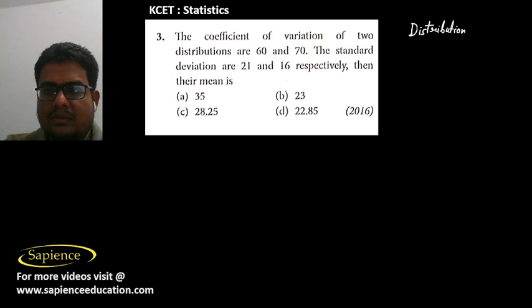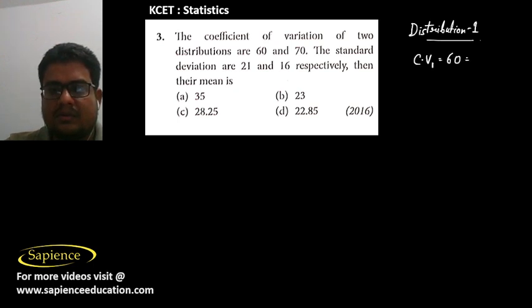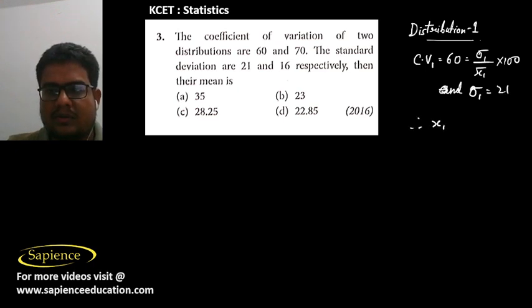So in distribution 1, the coefficient of variation CV1, that is 60, is equal to sigma 1 by x1 bar into 100, and sigma 1, the standard deviation for the first distribution, is 21. So therefore x1 bar will be equal to sigma 1 by CV1 into 100.